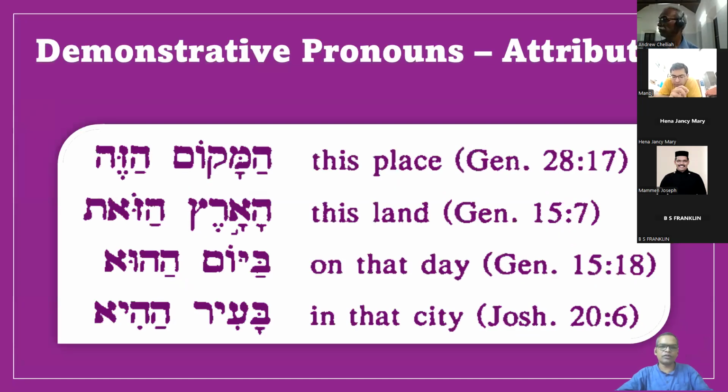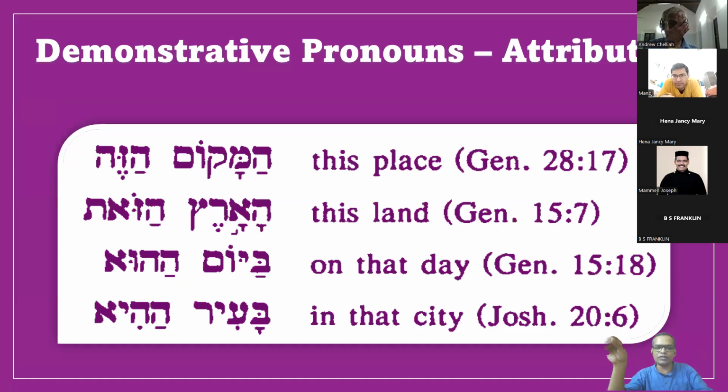The demonstrative pronouns will be used like the adjectives. The adjectives can be used with the attributive function and predicative function. In the attributive function, the adjective will appear after the noun. It will agree with the gender, number, and definiteness.